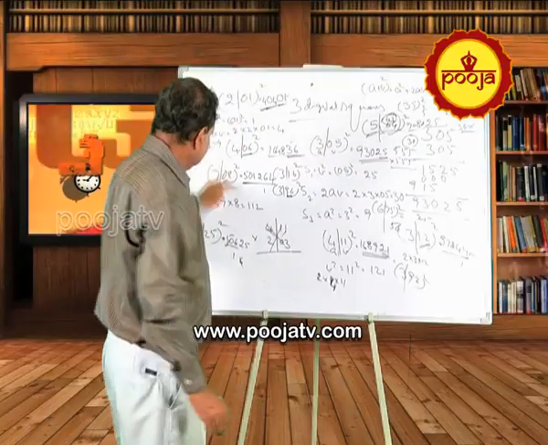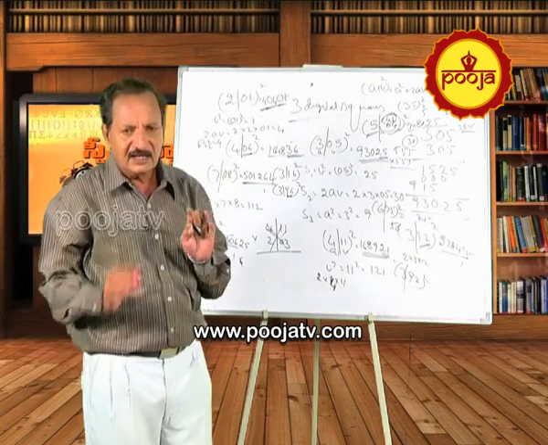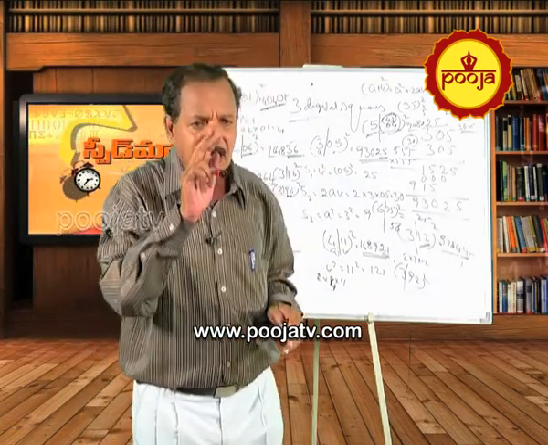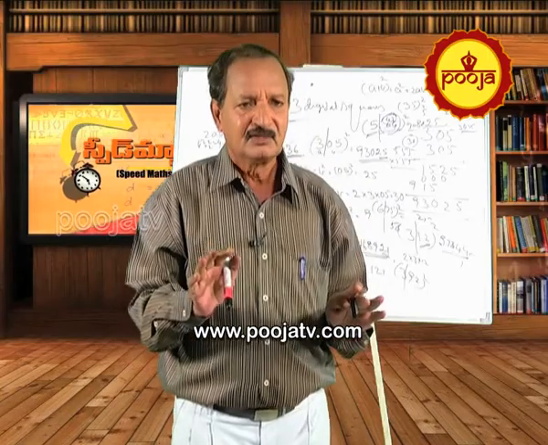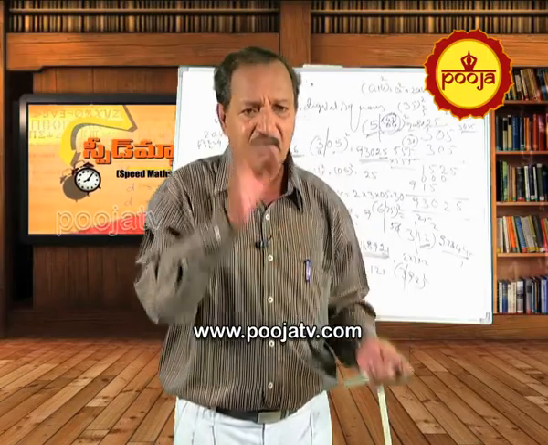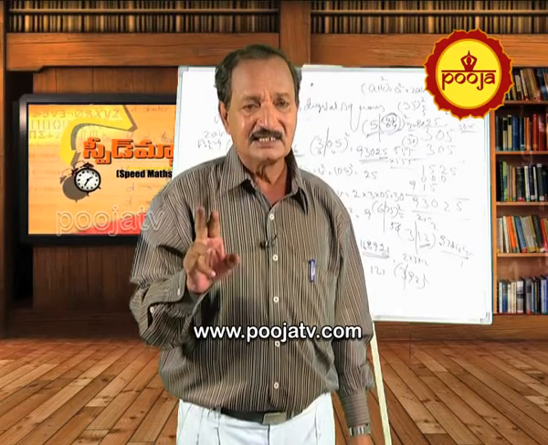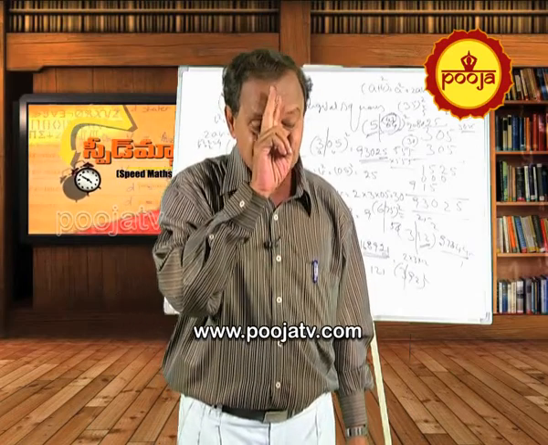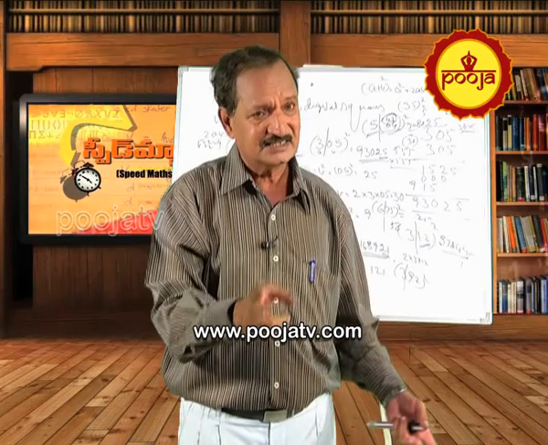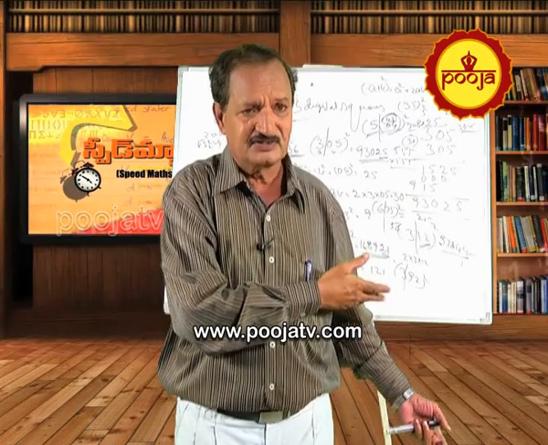So this process can be used when you can square the last 2 numbers easily. And the thing you have to remember always, I was telling right from the beginning, when you are operating 3 digits, you have to take 2 digits compulsorily. 6 sixes are 36, all right, you write 36 if it is 506 square.